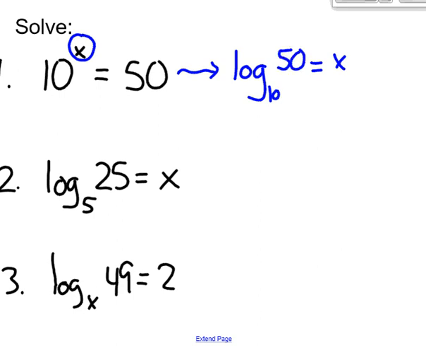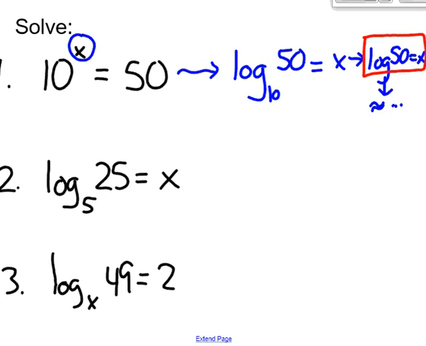Now you can take your calculator if you want, because log base 10 is the same as log 50. But if you check on your calculator, it's going to give you something approximate. So make sure that you keep this as your answer. I suggest you pause, try the 2 other problems, and then after check to make sure you got it right.